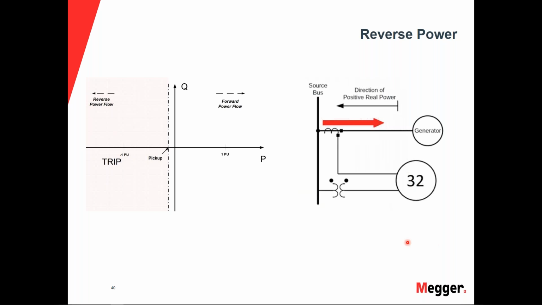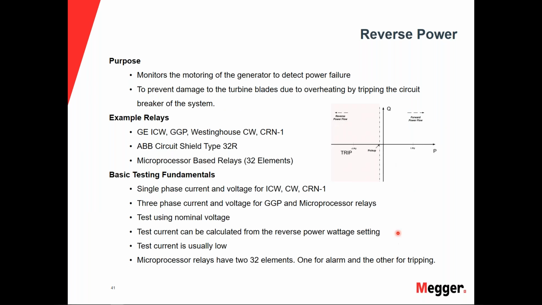The element is three-phase power, so it can be tested single phase, as you can see here, and most of the time the relays will calculate it into three-phase power. And then it's pretty easy to test. So we're monitoring the generator to detect the power failure.